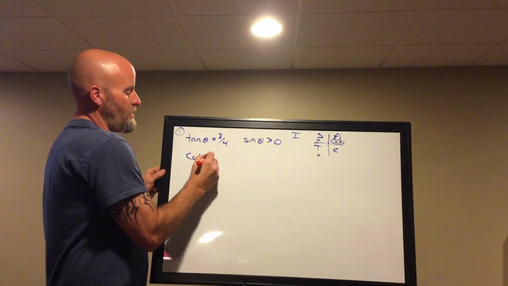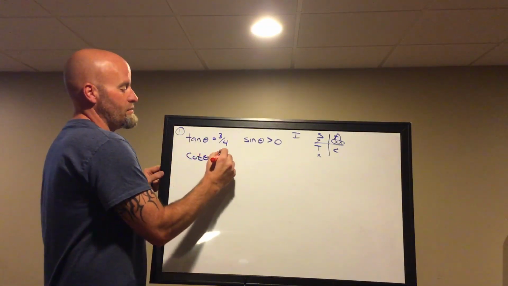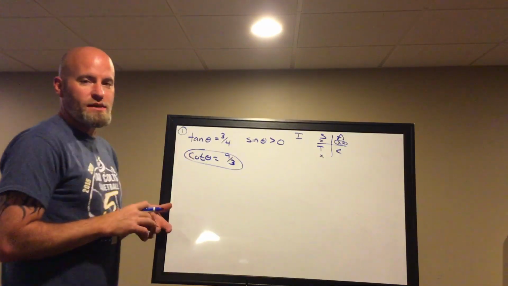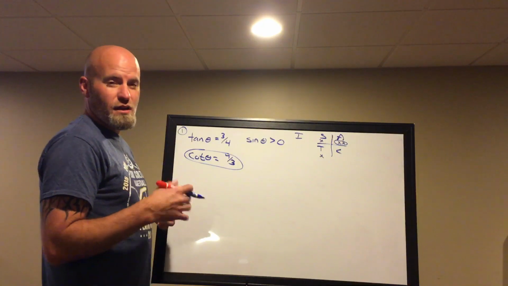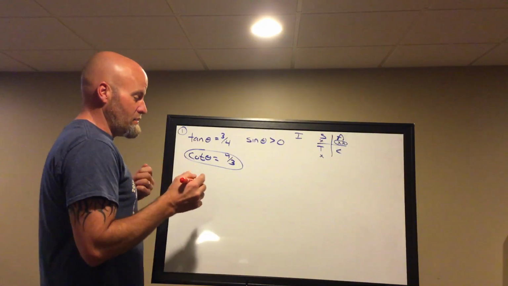Cotangent theta is going to be just the reciprocal using our reciprocal identities, so that ends up being 4/3. So you can find the first one pretty easy just doing that. Next, I told you on Tuesday that you want to try to stay in the Pythagorean identities, at least initially.